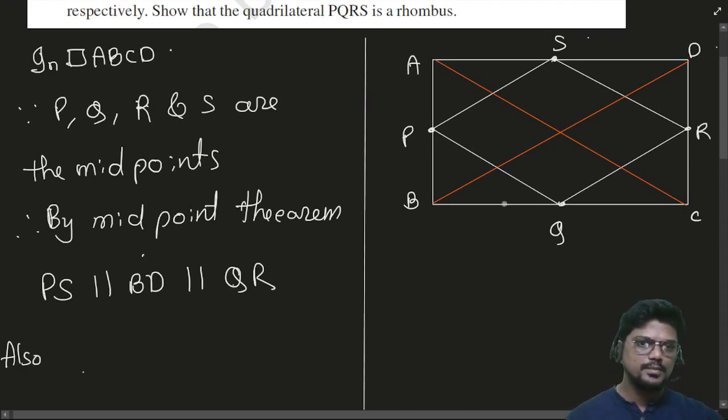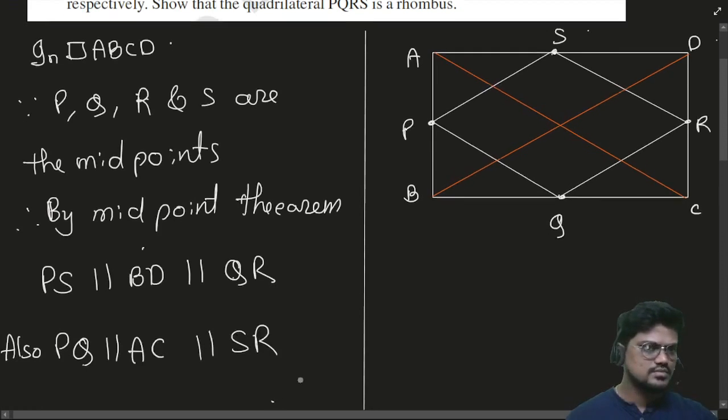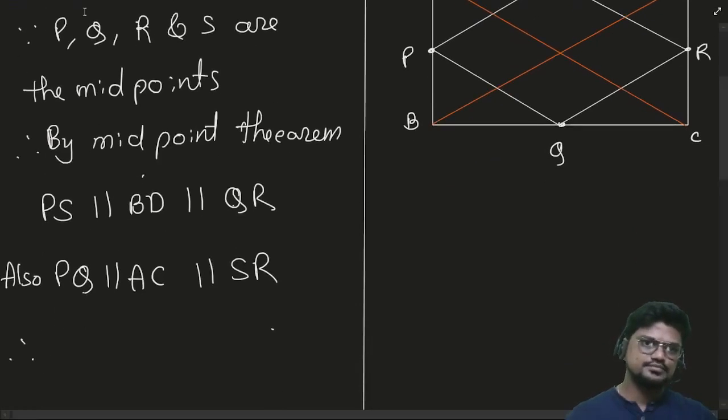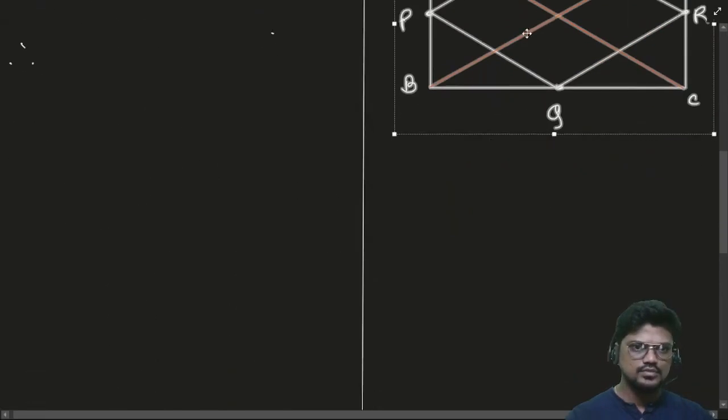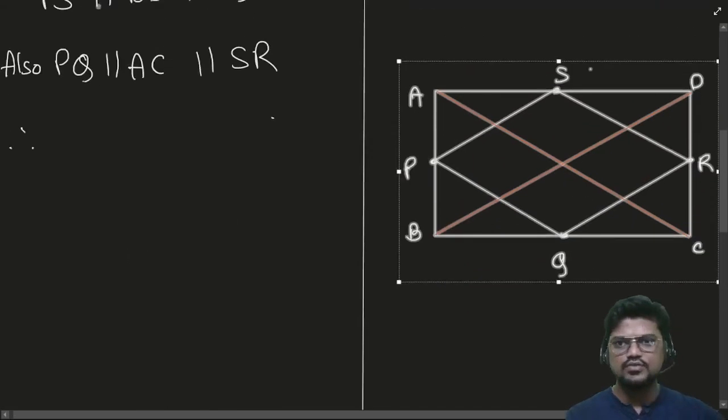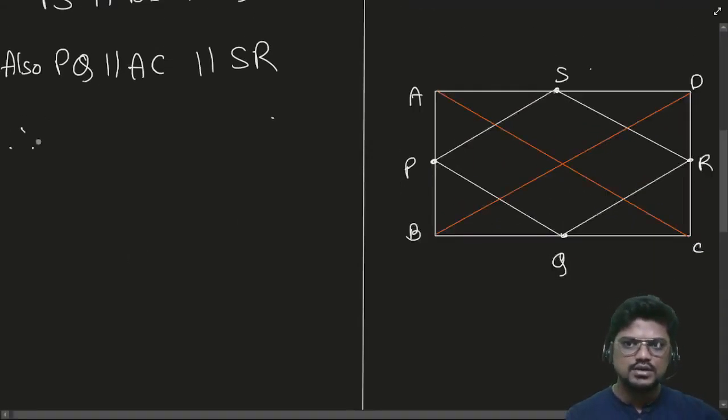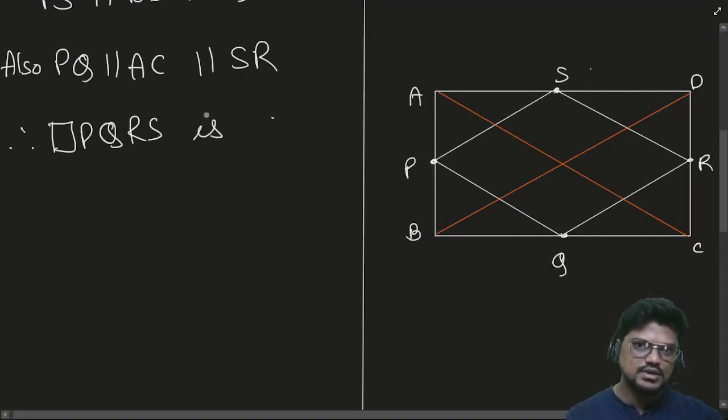Also PQ is parallel to AC is parallel to SR. Therefore quadrilateral PQRS is a parallelogram.